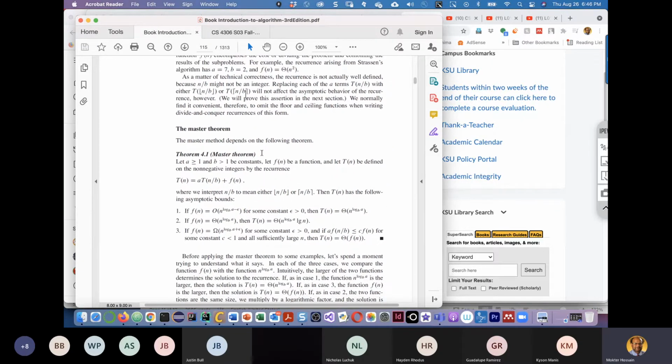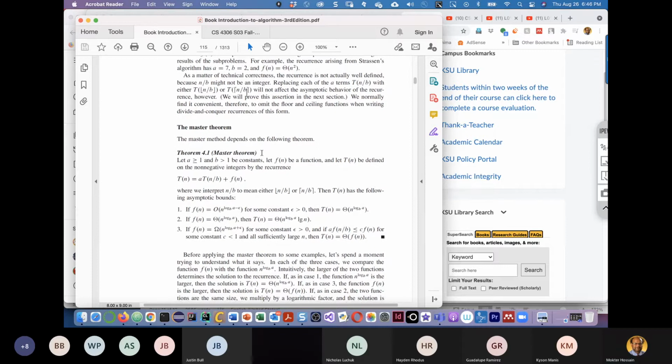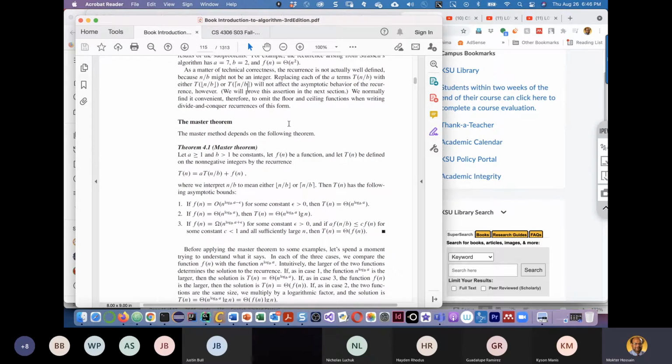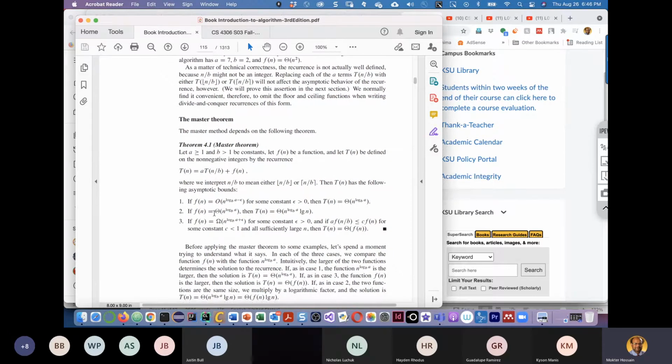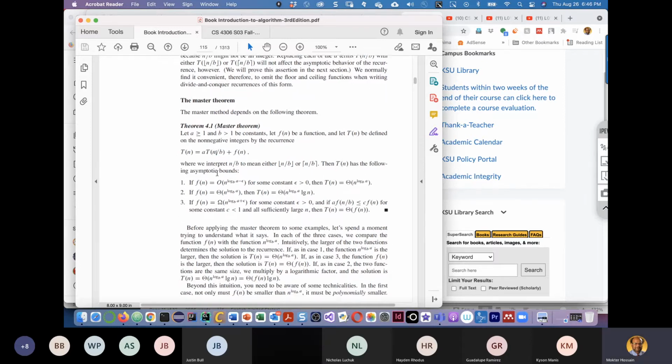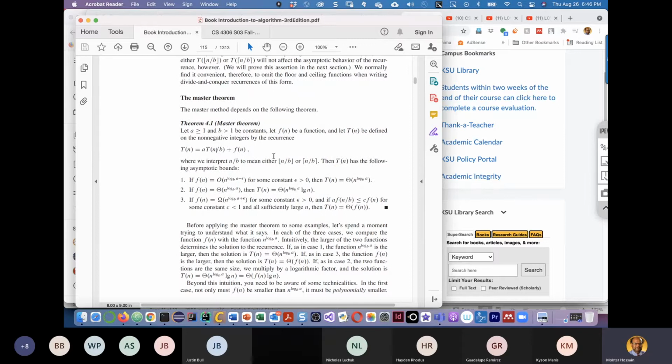Okay, so now let us see. But for convenience, we will use this simple, straightforward formula. Now let us see the master theorem in mathematical format here. This is the definition in mathematics. Let a be greater than or equal to 1 and b greater than 1 be constant numbers.